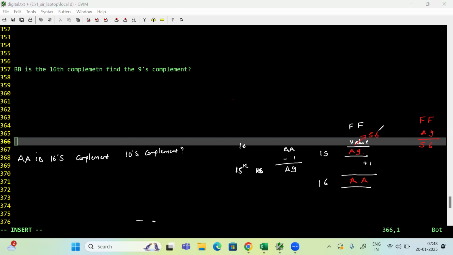Now, 56 I'll give you and I'll ask you the 9th complement. What do you do? What is this? Do you know the 10th complement? What is the answer you got that time? 44 only?